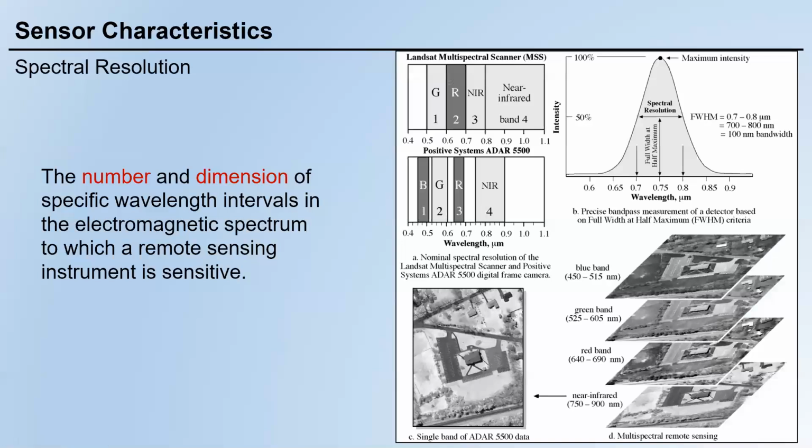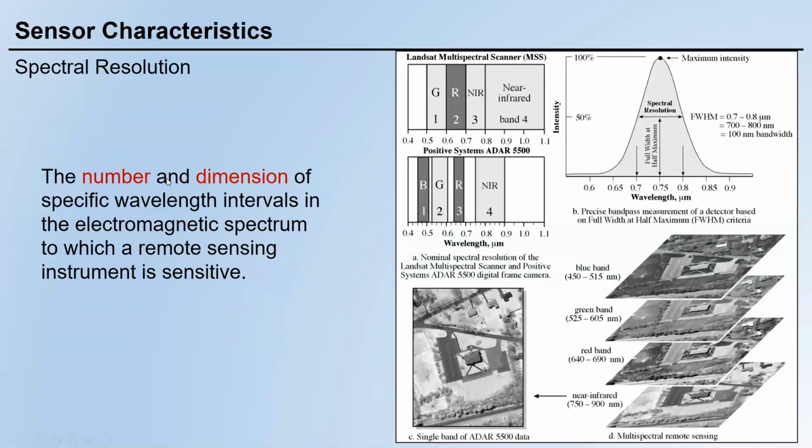So next, I want to talk about spectral resolution. This one is relatively complex, but not hard to understand, okay? So like I said, the concept of spectral resolution is twofold. It is the number and dimension of specific wavelength intervals, ranges or bands in the electromagnetic spectrum to which a remote sensing instrument is sensitive.